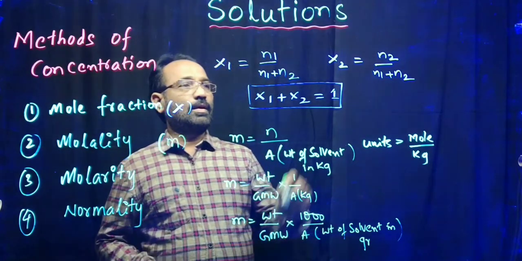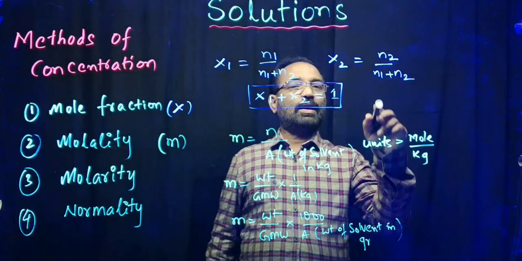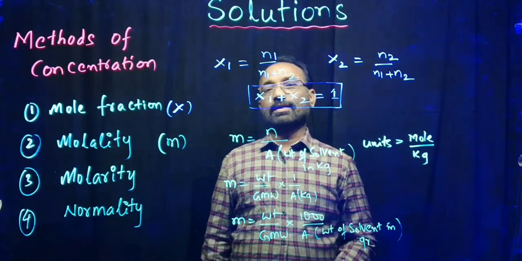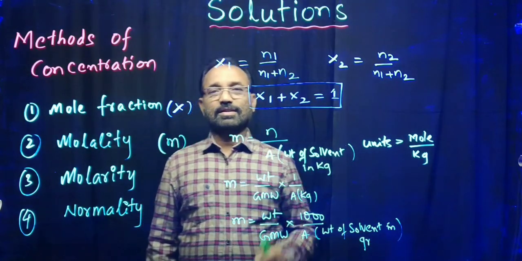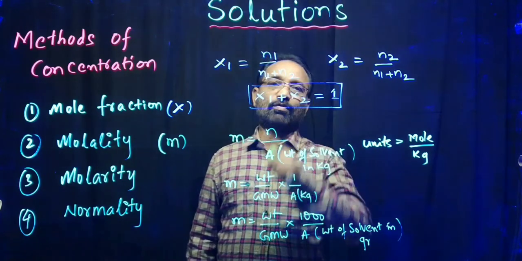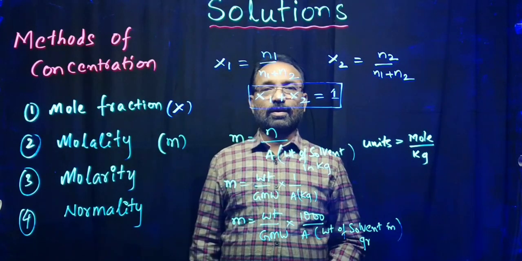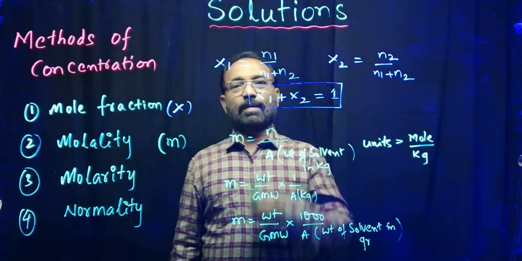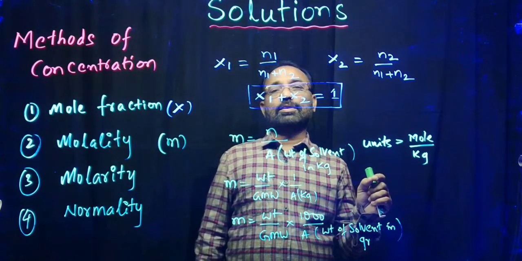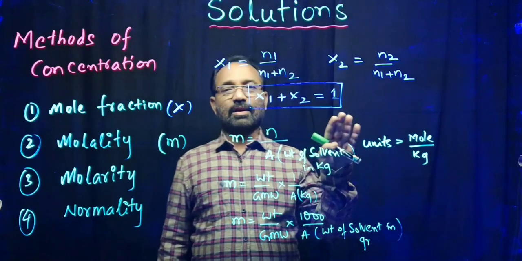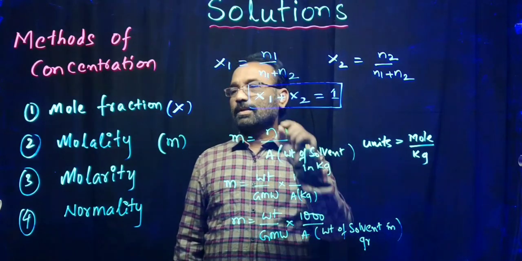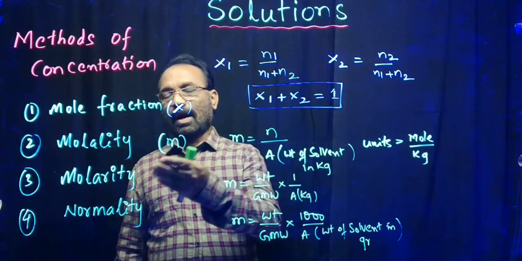Similarly, x2 equals n2 by n1 plus n2. The sum of the mole fractions in a solution is always equal to 1, so x1 plus x2 equals 1. It is a relative property, therefore it does not have any units. So this is about the mole fraction.